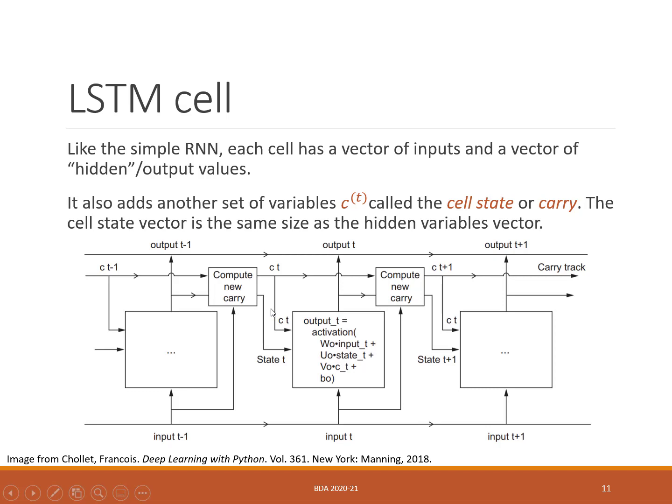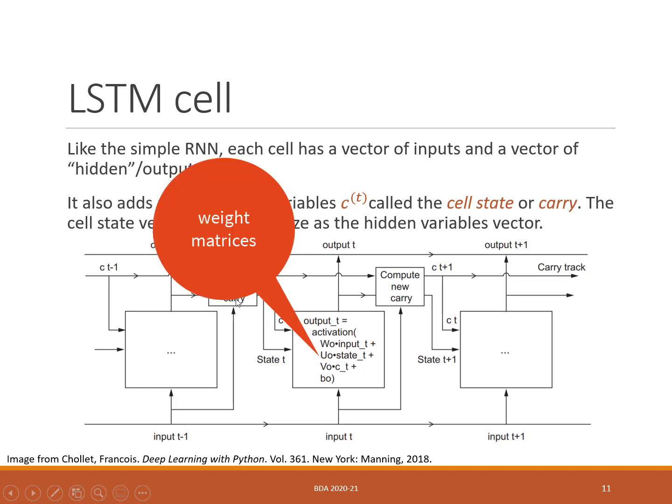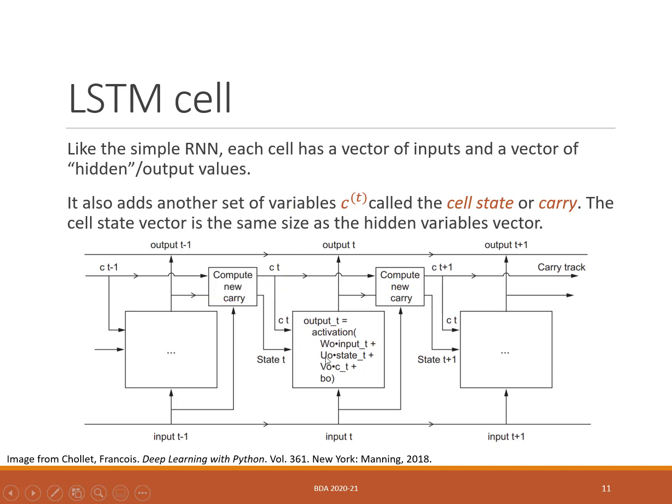The transformation in each cell is obtained based on three weight matrices, Wo, Uo, and Vo. As shown here, a cell output is computed using three dot products with weight matrices, followed by a bias summation and the application of an activation function.